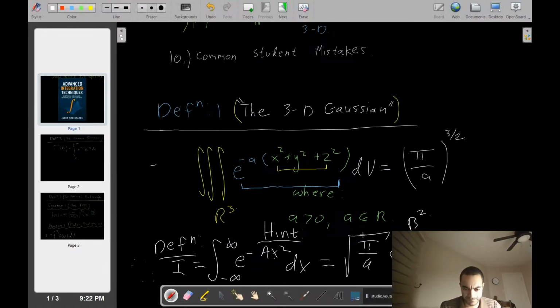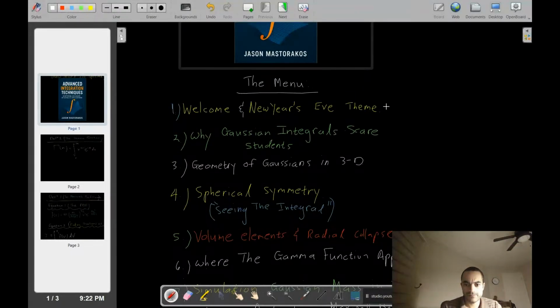Now we're moving on to the next thing here. On our schedule, we've talked about our New Year's Eve theme, and why Gaussian integrals are becoming scary. We also had something else, I think it was number 3.